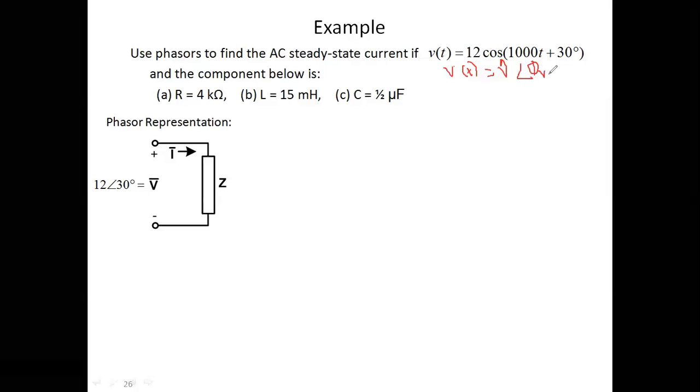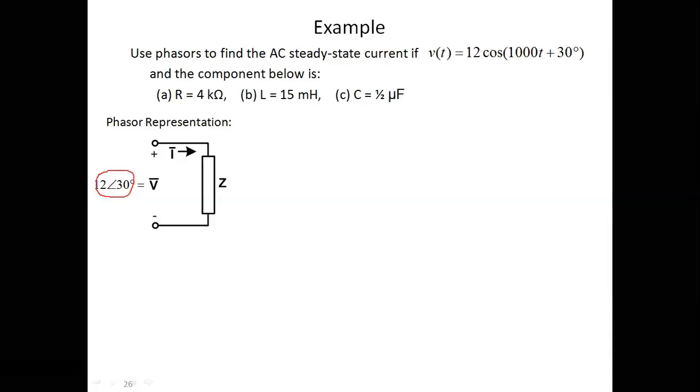In this particular case, our V hat is 12, and our voltage phase angle is 30 degrees. So to write this in the phasor form, it's going to be 12 with a phase angle of 30 degrees. Please pay attention to that. That's how to get that.